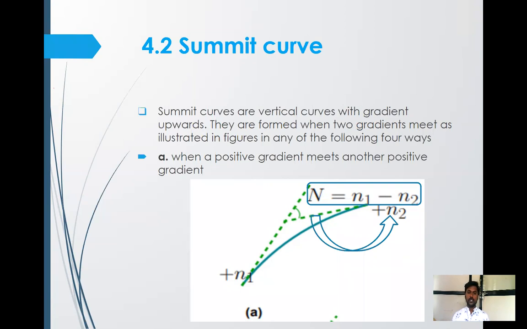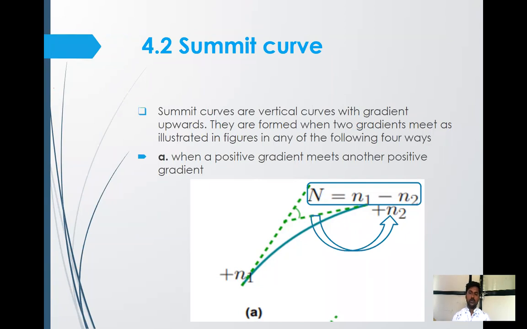Now the first condition. There are four ways to form the summit curves. In that, write down the first one: when a positive gradient meets another positive gradient.